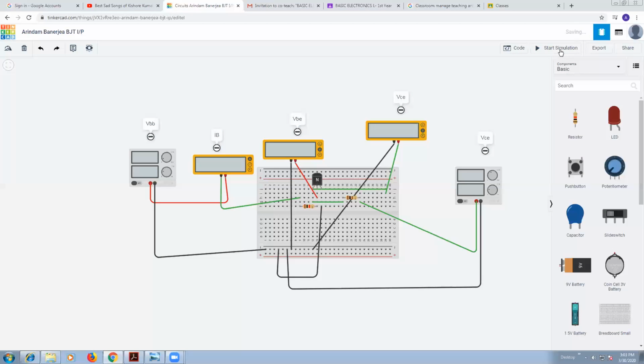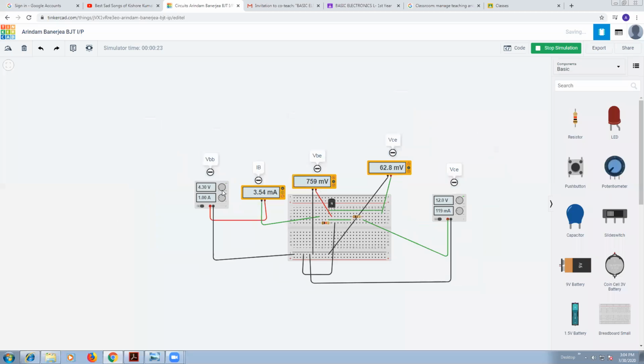Saving, then... I already have this. Set it to, okay, only that voltage, you just vary VBB. Students can change the value. This is the example for that. 12 volt is set for VCC.